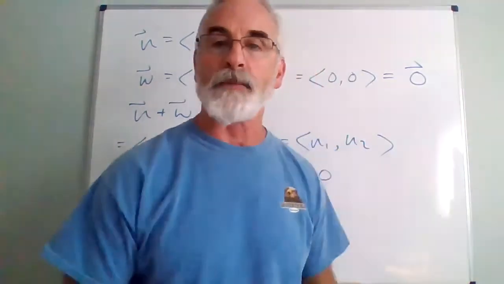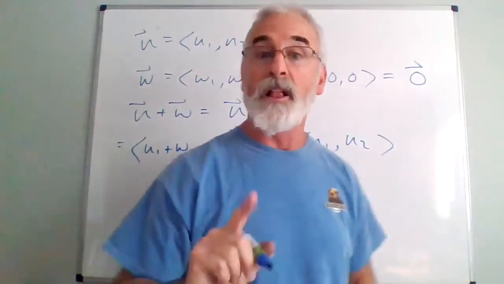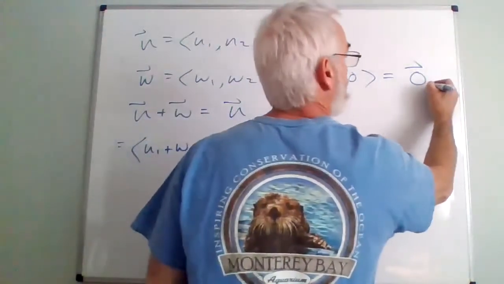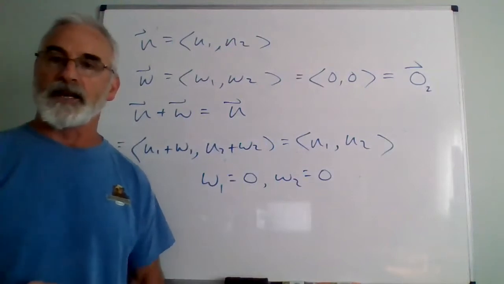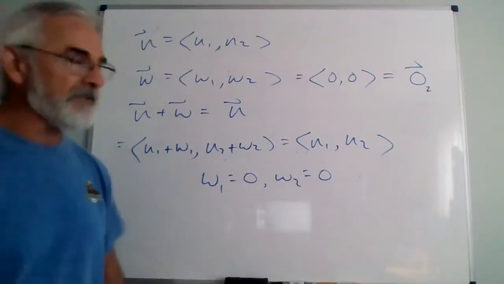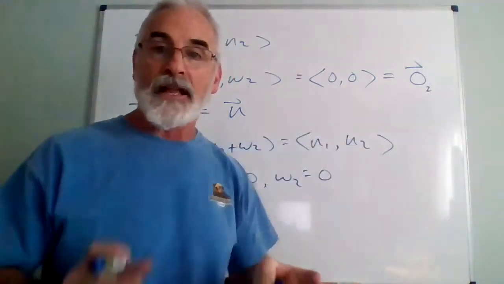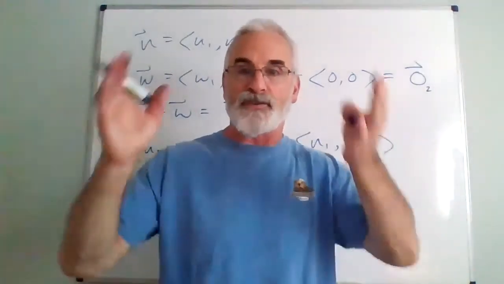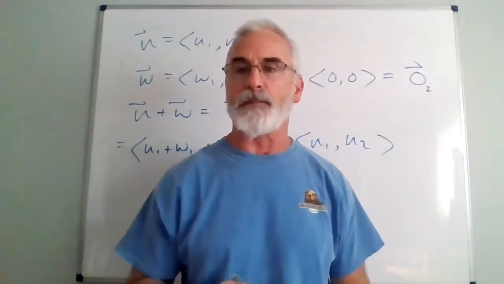But in general, when I'm trying to establish rules of vectors that are true for all dimensions, then what we often do is this. Really clever. I put a subscript there to indicate that's the 0 from R2. In this context, there's no way you're going to misinterpret what dimension we're in. But in general, if you opened up a document, started reading, and you saw the zero vector, but you didn't know what dimension it was, that could be a problem.